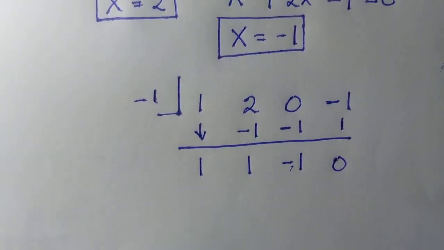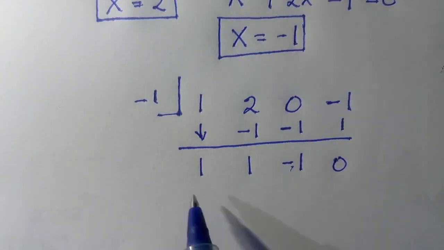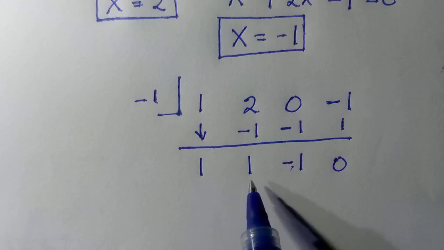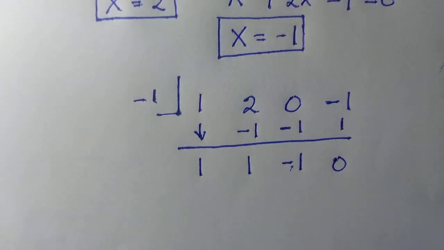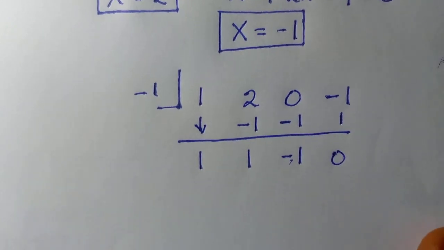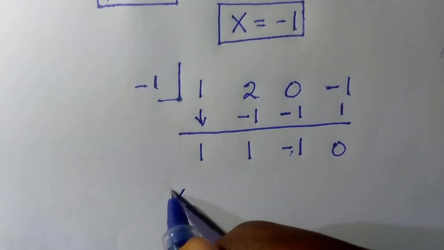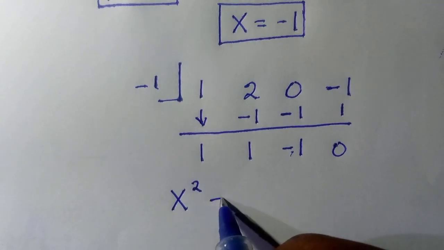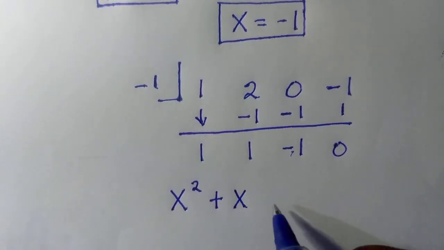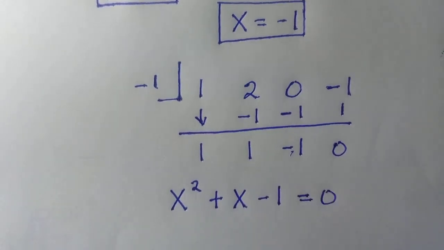It shows that we are going to look at the terms that are not 0. So it means it's a quadratic equation, and we write it out as we introduce the value of x we have been using, which is x² + x − 1 = 0.